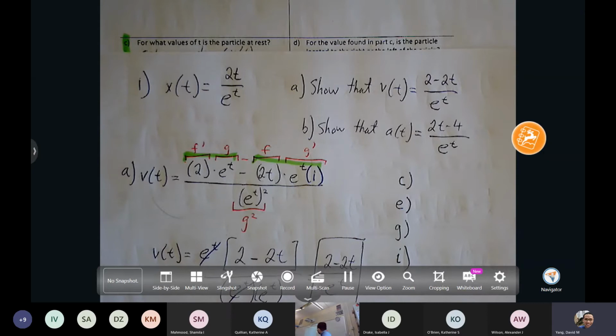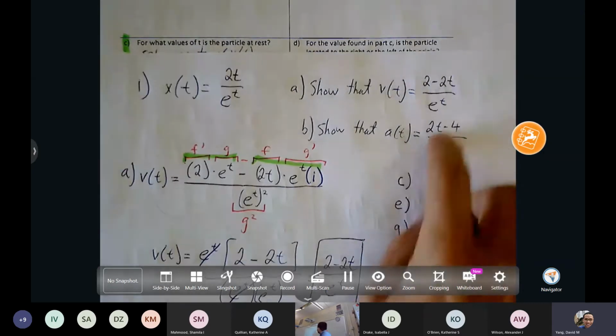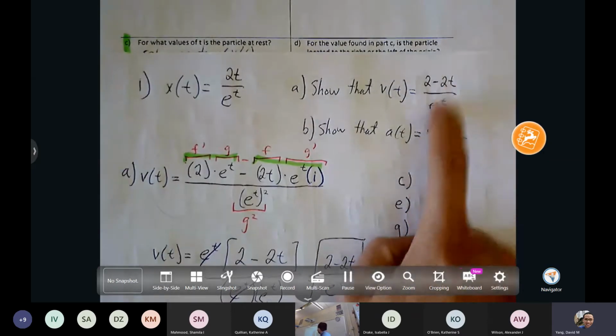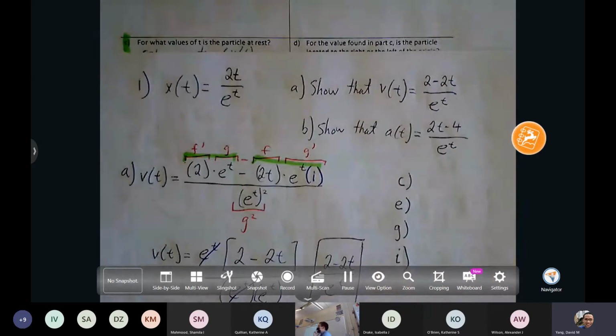But my velocity has both numerator and denominator, so what do I do? Do I look in both locations? Well, it's going to be just the numerator. Why not the denominator? The denominator means undefined, which means velocity is undefined.